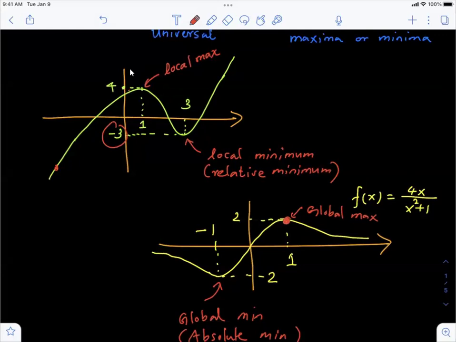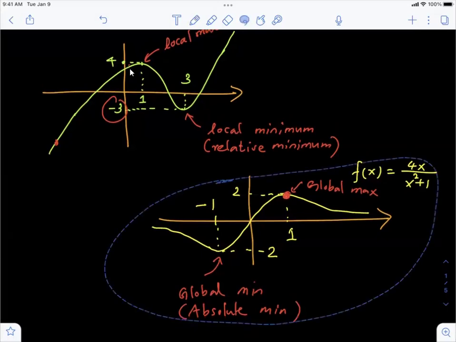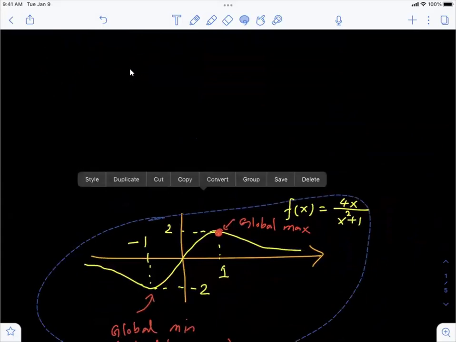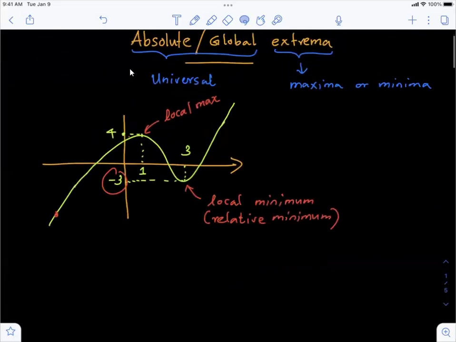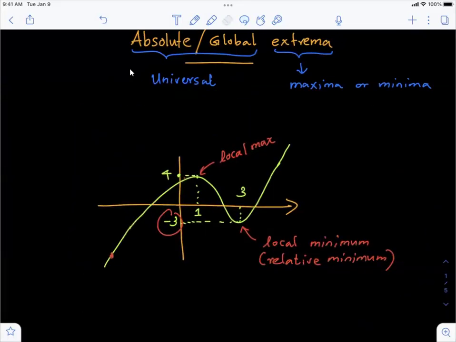However, let me move this one a little further, and let's analyze the first example a little more. What if you break this into a certain small interval?